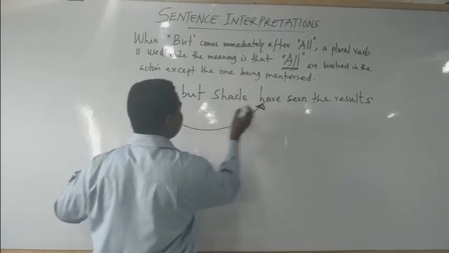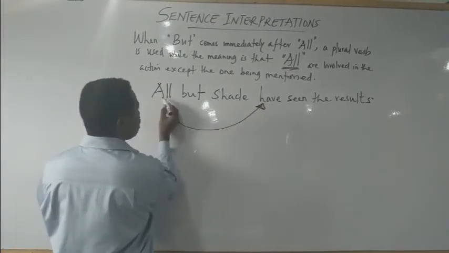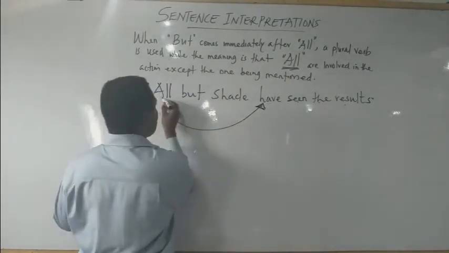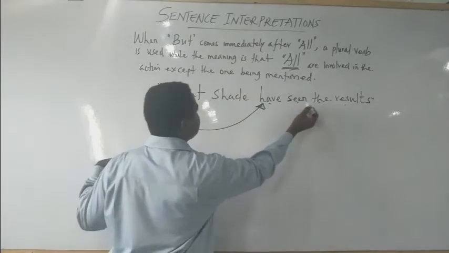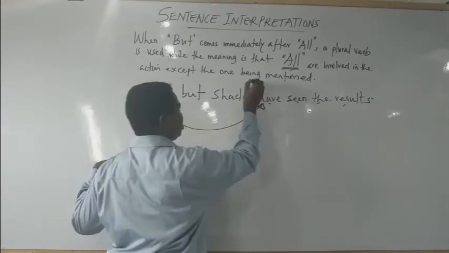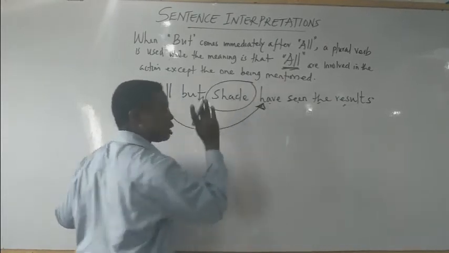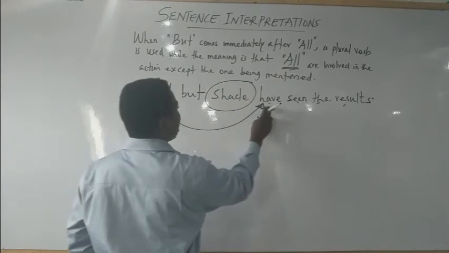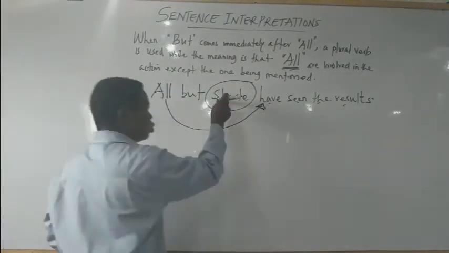That's the meaning. So now, look at me: all have seen the result. So the only person who has not seen the result is the person being mentioned. That is so-called sentence interpretation. So all have seen the result except Shade.